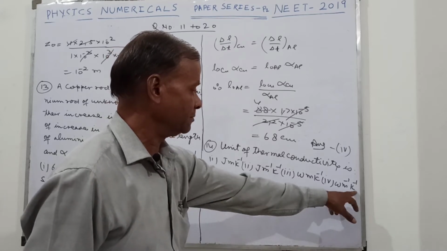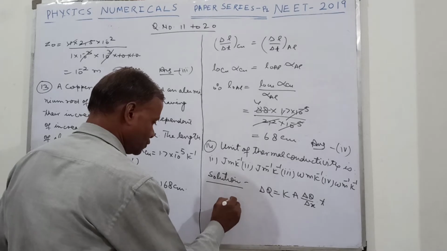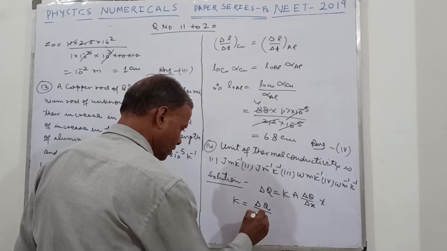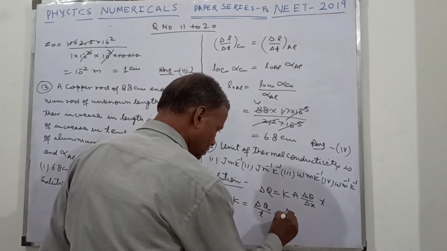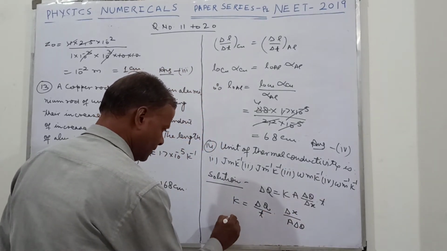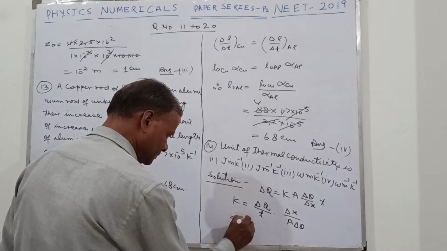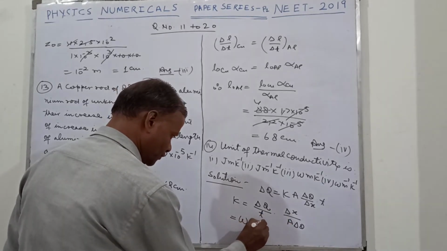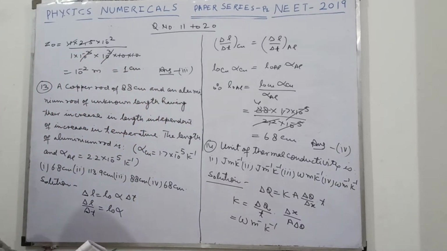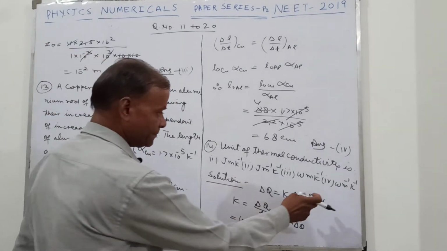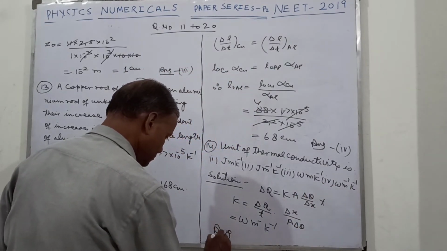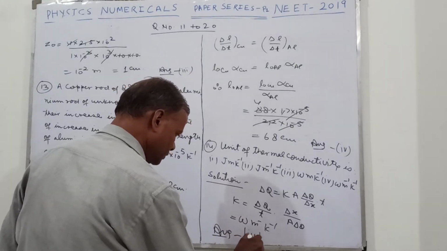So watt per meter per Kelvin. So K is equal to delta Q upon T into delta X upon A delta theta. Now you can find it easily: this is watt, this is meter minus 1, this is K minus 1. These are the units. So the right option is the fourth.